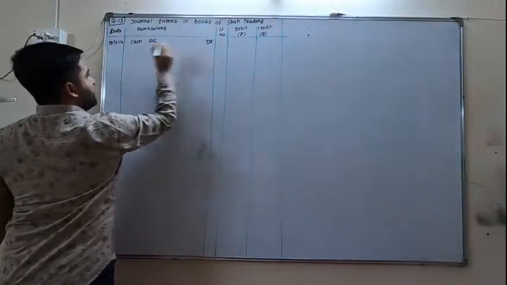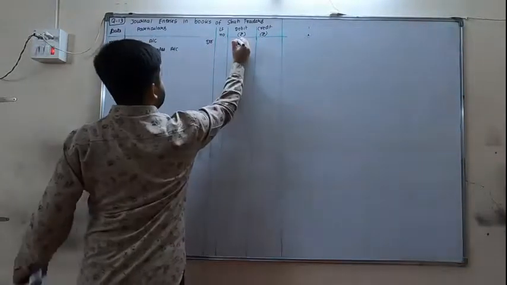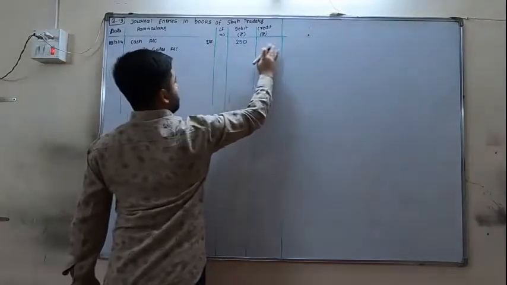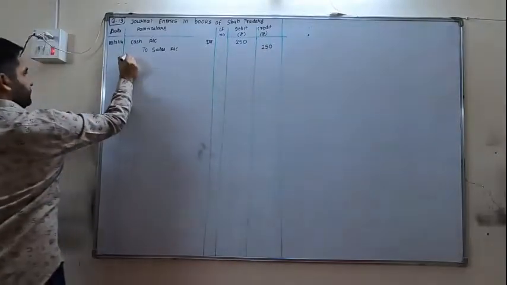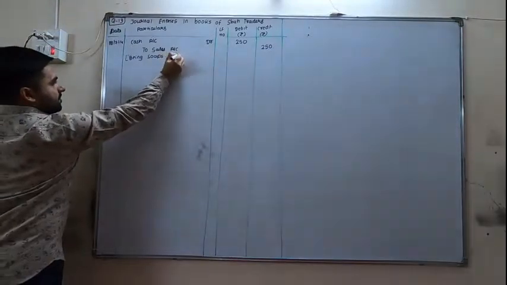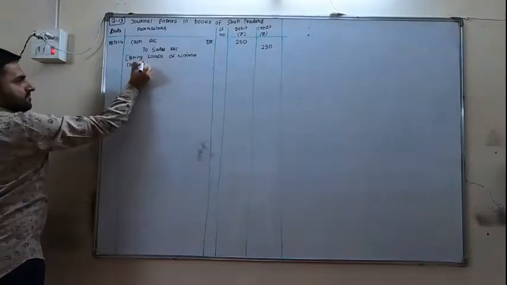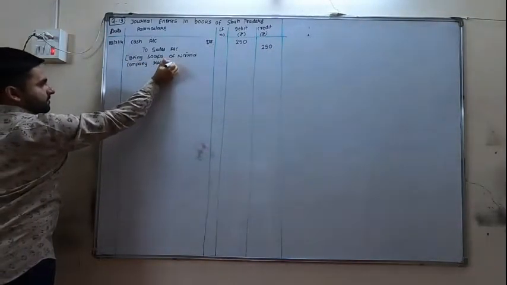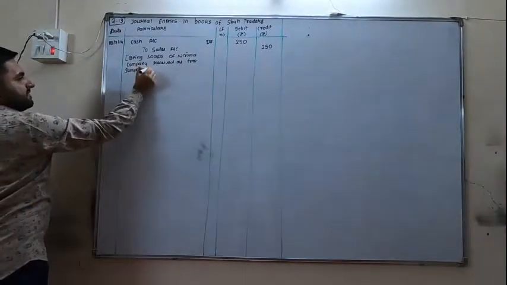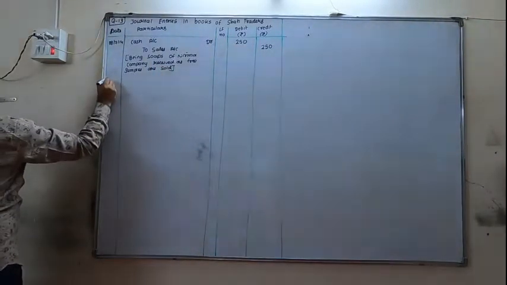Cash account debit to sales 250, 250. Being soaps of Nirma company received as free samples are sold.